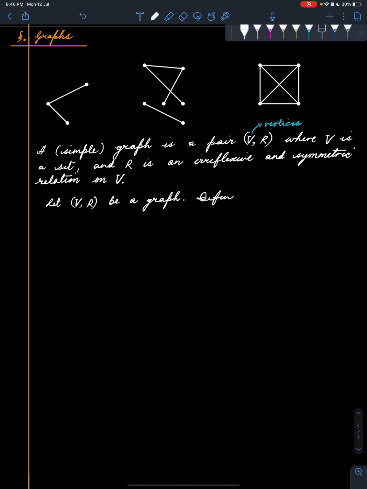Define, for a vertex, the degree of the vertex as the cardinality of those vertices X which have the property that V comma X is in the relation.